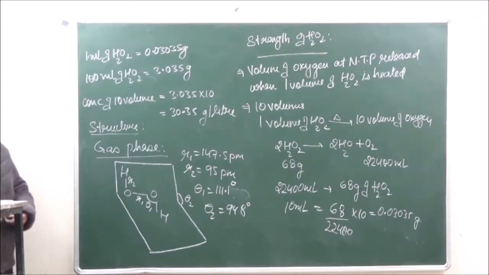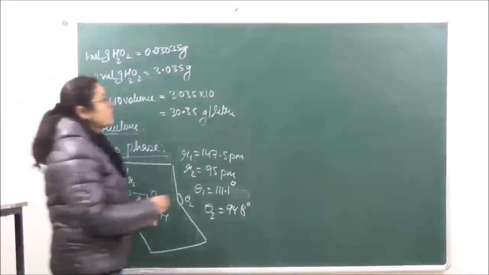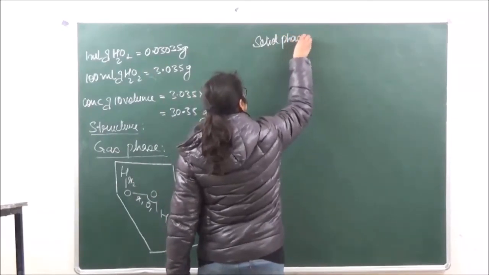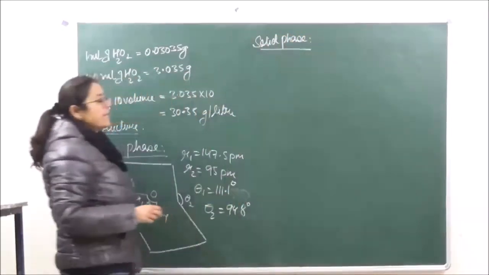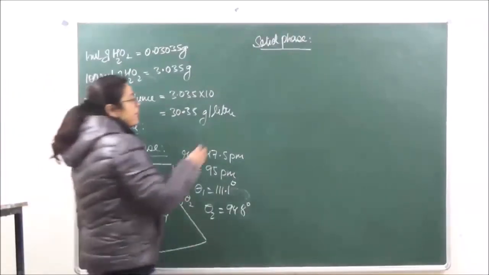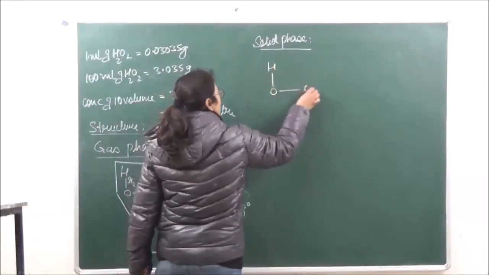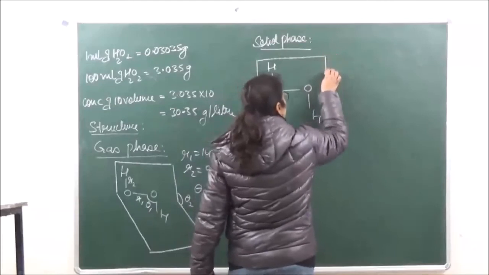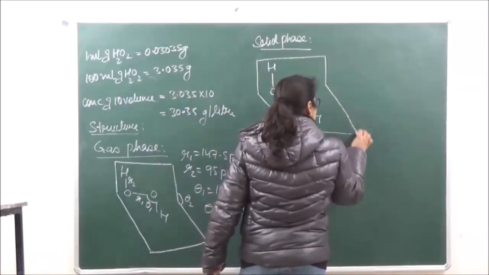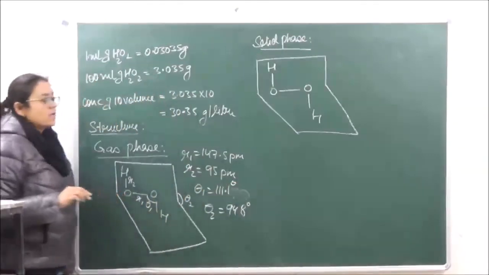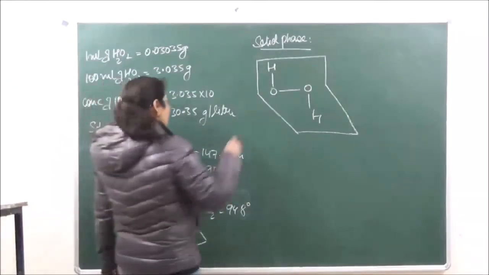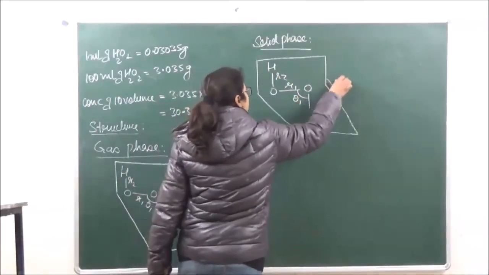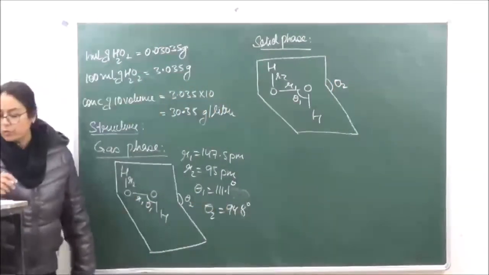Right? So then we go on to the structure in the solid phase. In the solid phase structure, over here again we have H, O, O and H. Again the structure is going to be made like this. Now over here, say this is R1, R2, theta 1 and theta 2. You will see that the dimensions over here are going to be different.